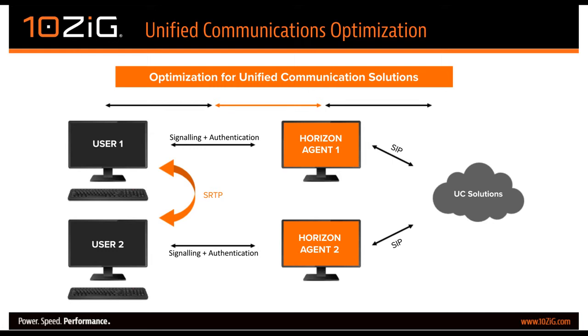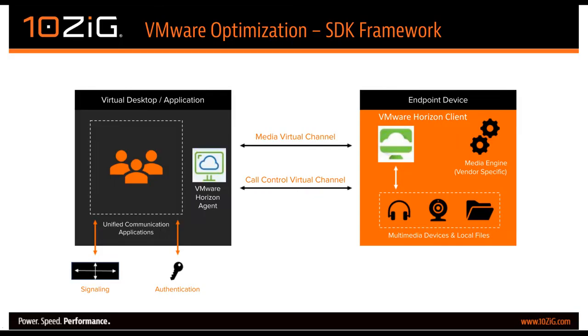And as you can see by the orange indicator here, the SRTP, that voice and media stream is then sent peer-to-peer between the two users' endpoints. And it does that using a media engine, as we'll see in the next slide. And that media engine is either integrated into the VMware Horizon client or as a separate plugin, which sits alongside the Horizon client. And that takes us again to, actually not to poll 3, I'll come back to that in a moment. We'll go to the next slide.